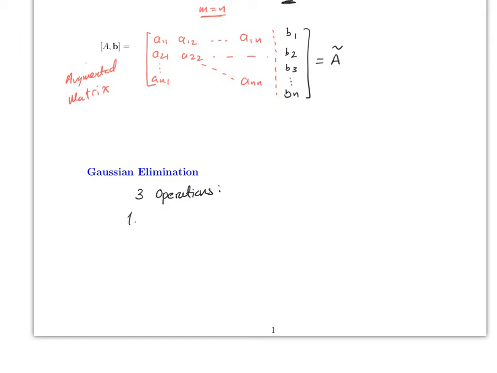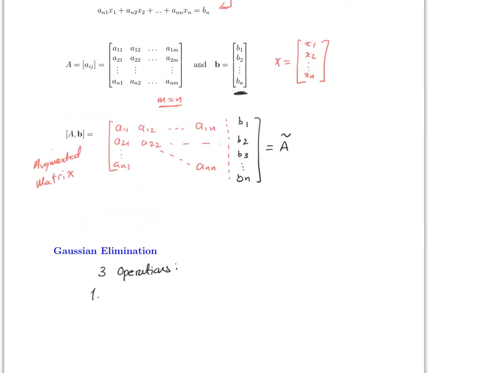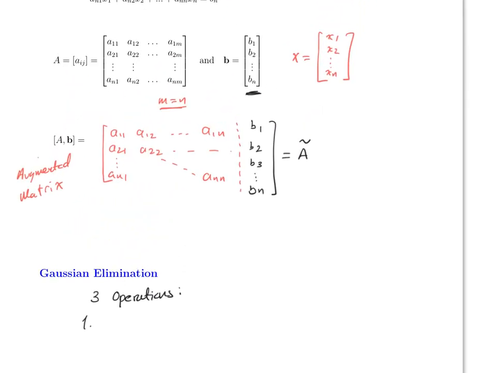The first one is that you can multiply any equation. So for example, this will be equation 1, this will be equation 2, equation 3, and so forth. Let me actually write here equation 1, equation 2, and so forth, all the way to equation n.